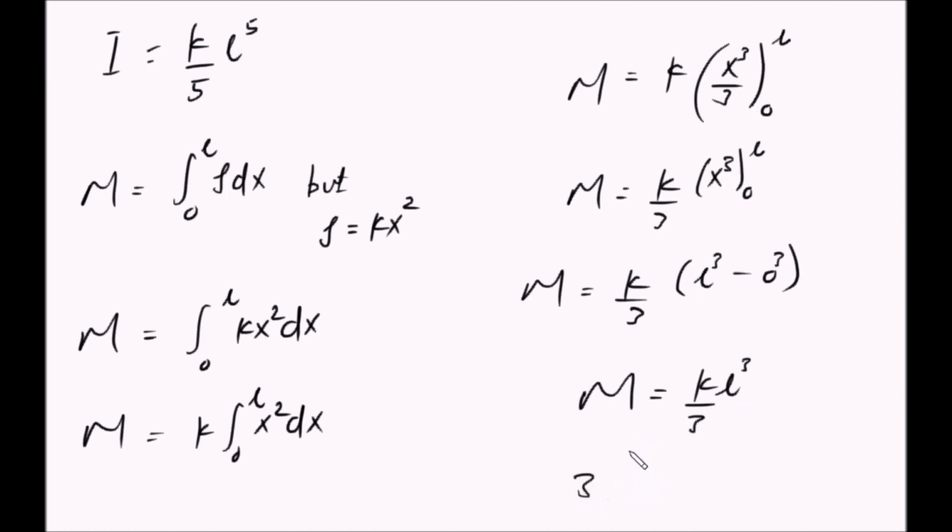Kwa hiyo kumbe nikicross and multiply hapa 3m sasa na nini? KL cube. Sasa turudi kwenye ile moment of inertia yetu ile. Moment of inertia tumepata ni k over 5 L power 5. Kwa hiyo sasa na mtu aseme L squared over 5 times KL cube.